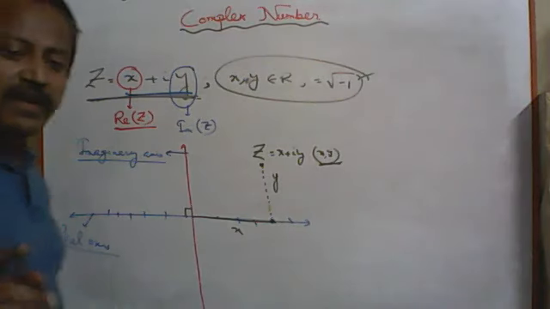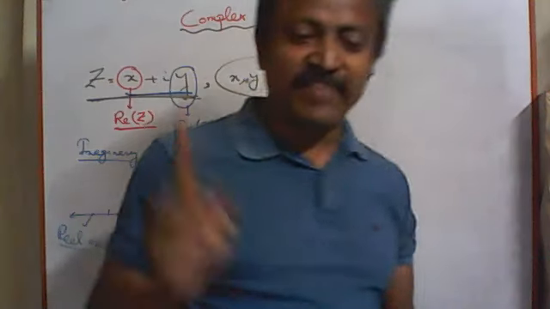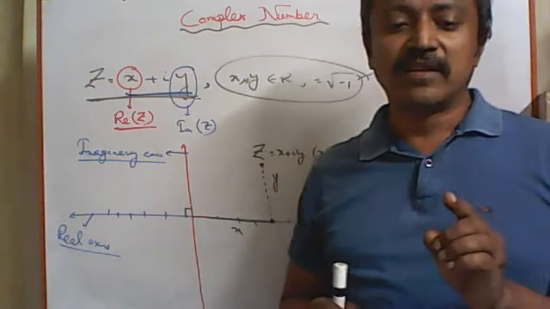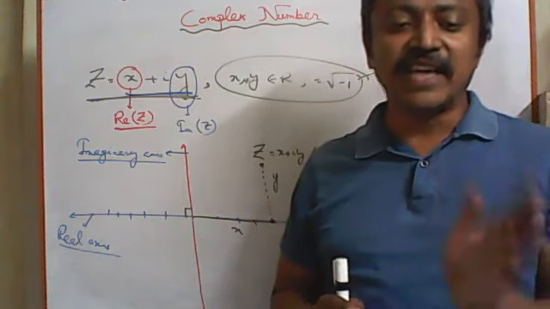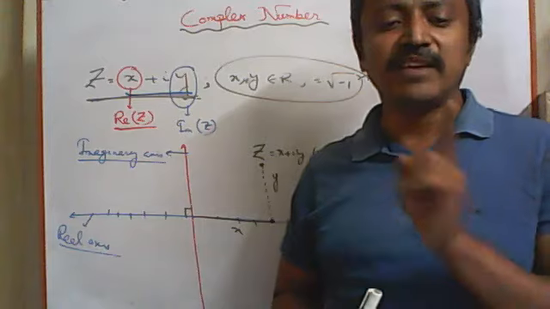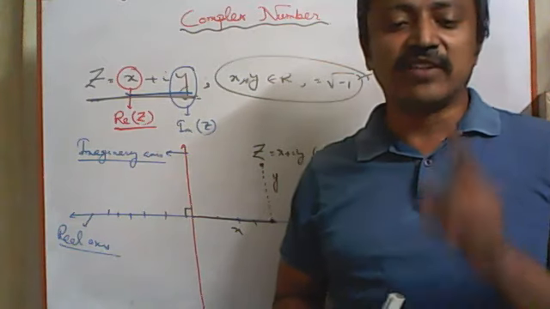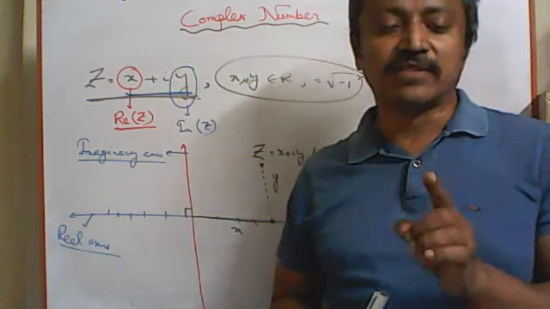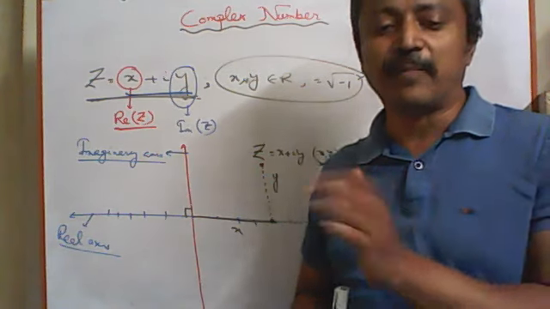There, conjugate of a number means that the sign of the irrational part will be changed.